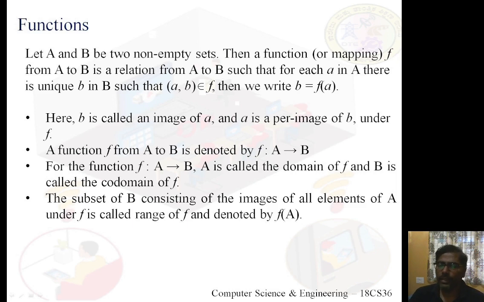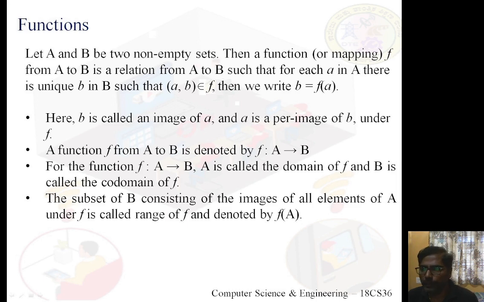Now we'll look at some terminologies in functions. If A is an input to function f and B is its output, we represent it as B equals f of A, right?